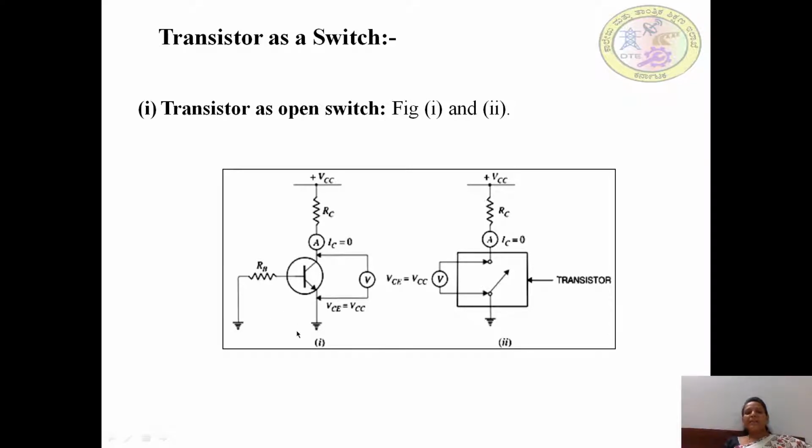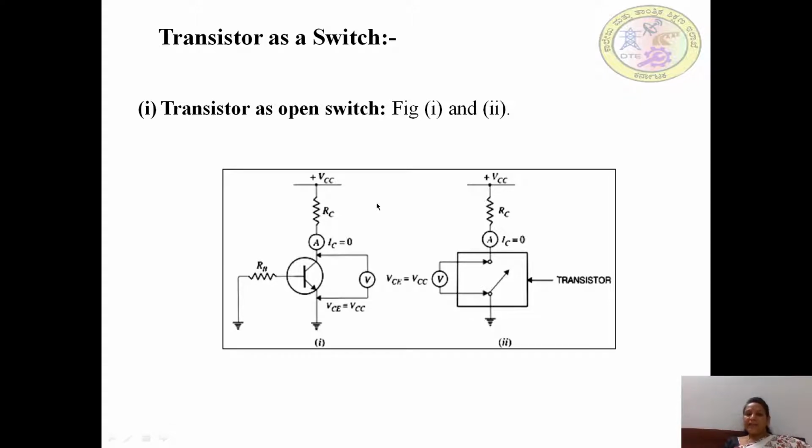If the base emitter voltage is sufficiently negative or zero, the base emitter junction is no more forward biased. Under this condition, there will be no emitter current, hence there will not be any collector current. Hence, the collector current flowing through the load resistor RC is zero. Hence, voltage drop across RC is zero.